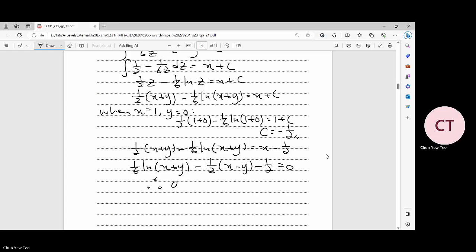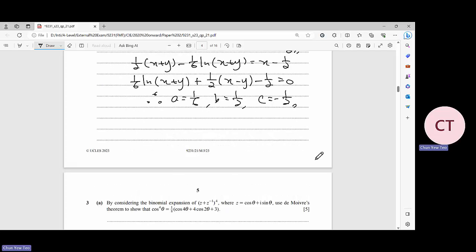Therefore, a is equal to 1 over 6. Then this is a half, plus half. B is a positive half, and then the c is a negative half. Done. That will be the answer for question number 2.